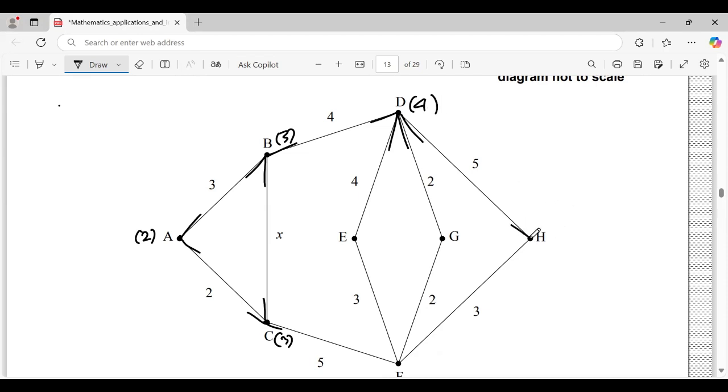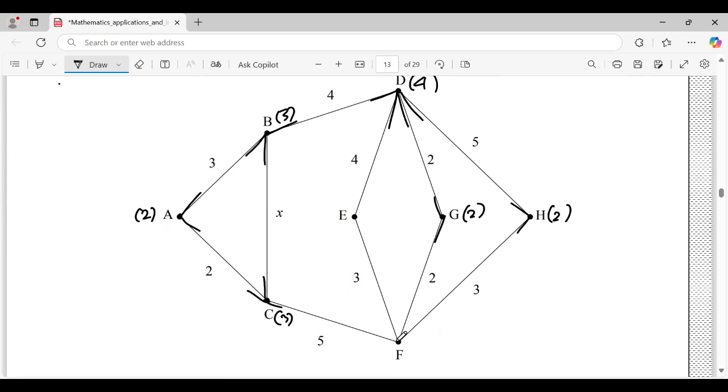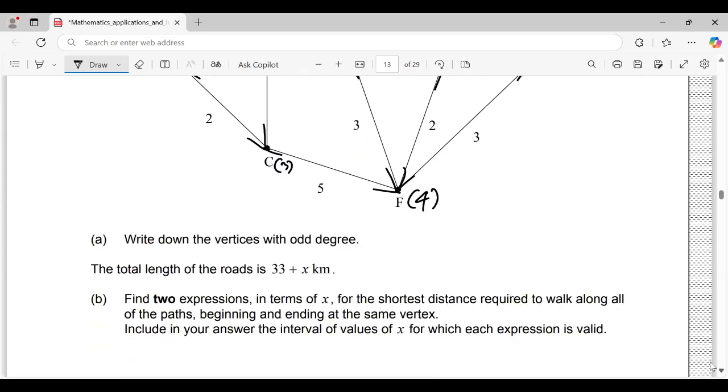H has 2. G has 1, 2. And this is F. F has 1, 2, 3, 4. F has 4. And E has 1, 2. E has 2. So the odd ones are B and C. So the answer is B and C.